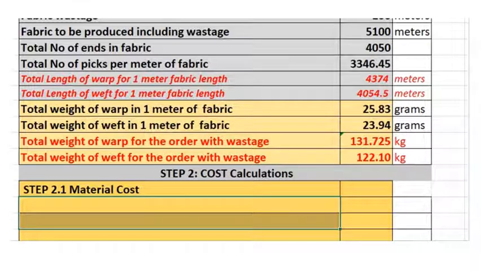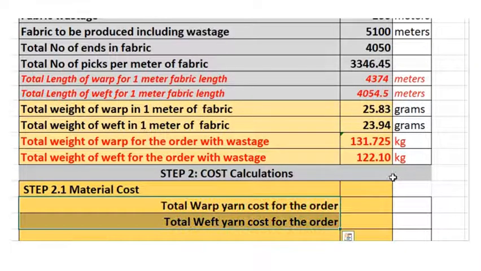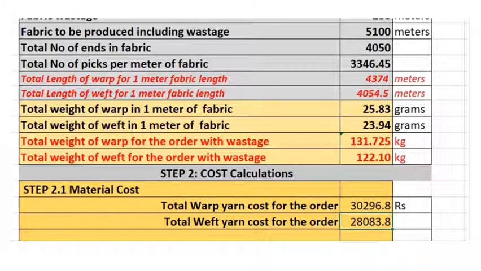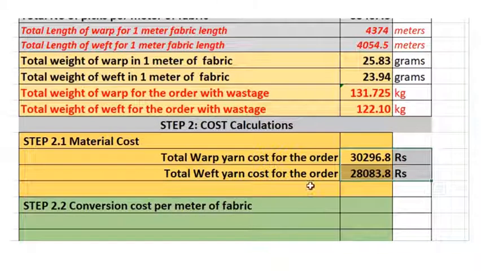So the warp yarn and weft yarn cost for this order is 131.725 into 230, which is 30,296 rupees. And next the weft yarn 122.10 into 230, we get this value. So we have arrived at the warp and weft cost. So from this we can find the total material cost. This is the warp and weft cost sum.